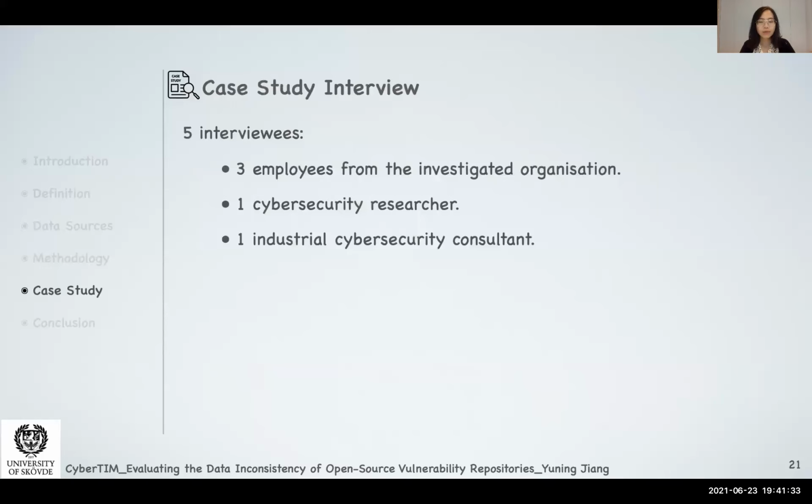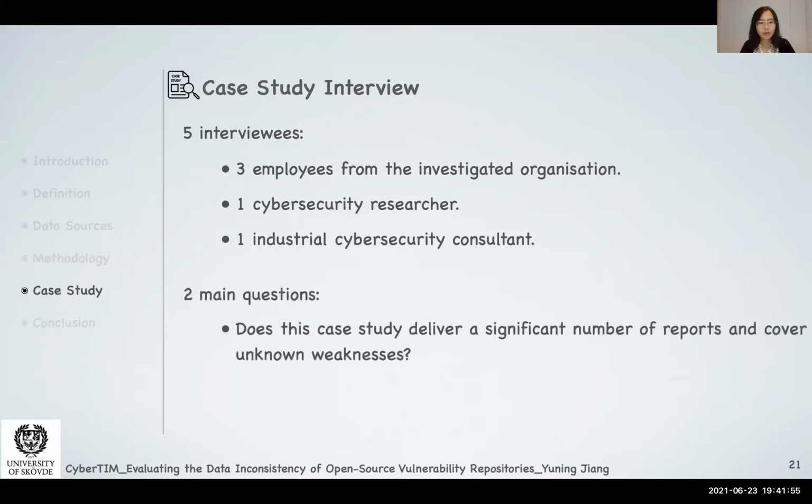We interviewed 5 cybersecurity experts to validate the case study result. 3 of them are employed in the investigated organization, to ensure the confidentiality of the studied system. These 3 experts also have in-depth knowledge of the system status. The interviews focus on 2 questions.